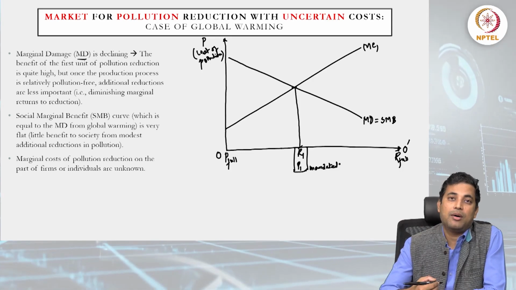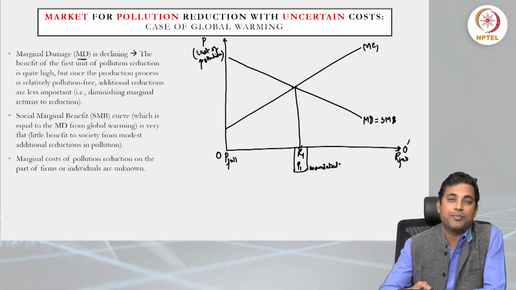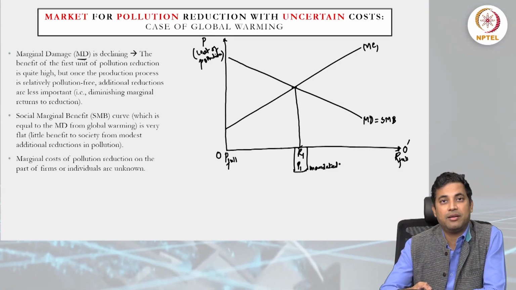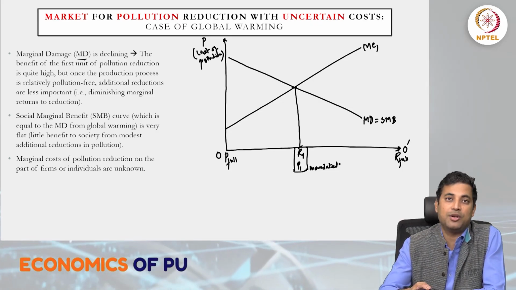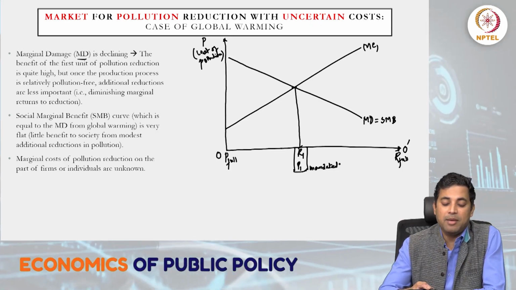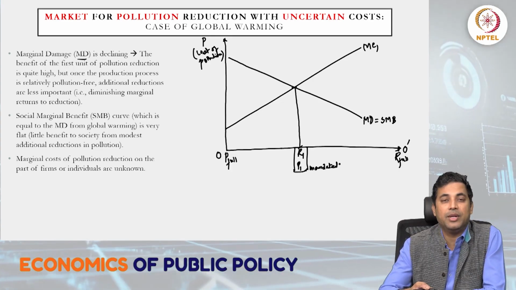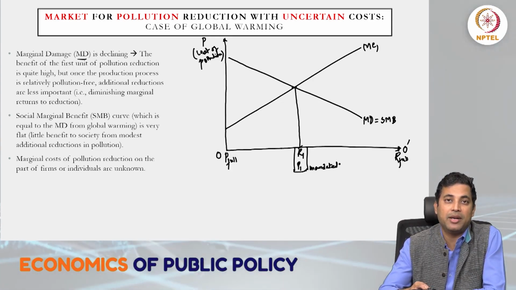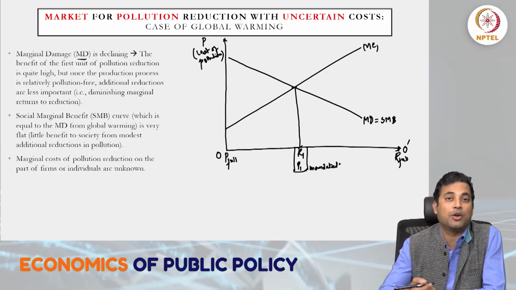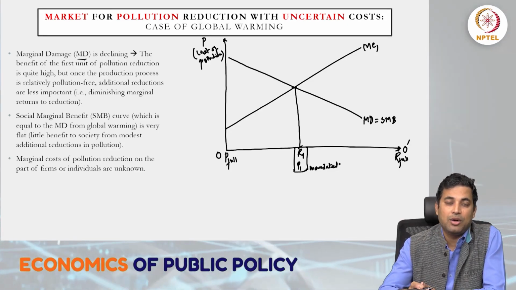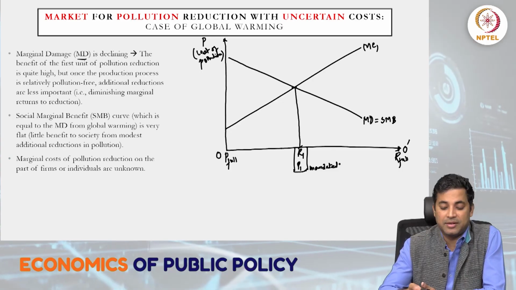Now, from the marginal cost point of view, either firm or the government, we don't know how much marginal cost there is. If pollution is very severe, then we might need to spend more money in order to control pollution. Or if it is clean, then it is fine.